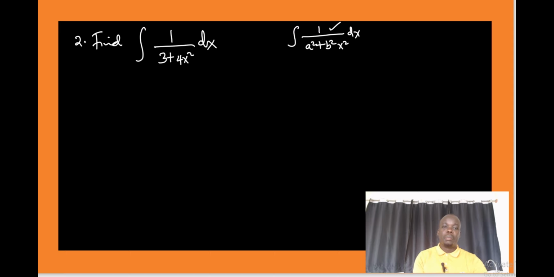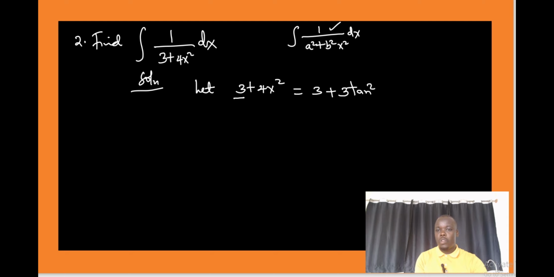They must conform to our question before we apply this technique. So in this particular case, we would say in our solution that yes, we would first let our 3 plus 4x squared be the same as, remember the constant is 3, so I maintain the 3, I say 3 plus 3 tan squared of u.